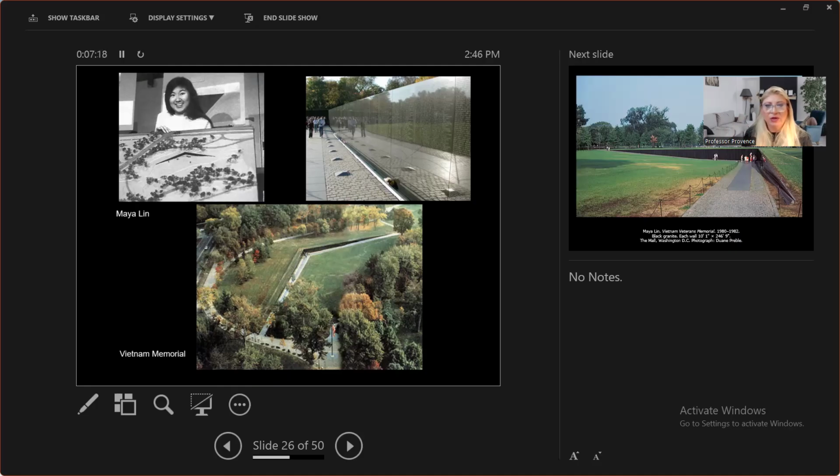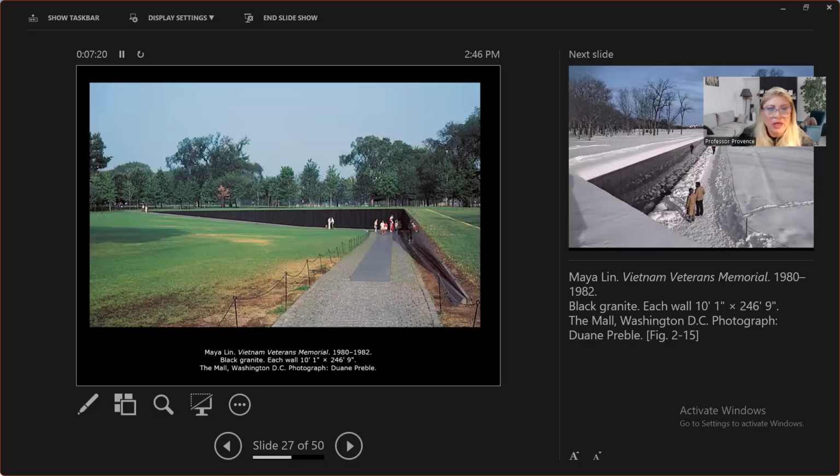And as we look here, you go walking onto it and you go down into the ground. I didn't realize the impact I would feel walking down, seeing these names that are listed chronologically, from day to day to day.